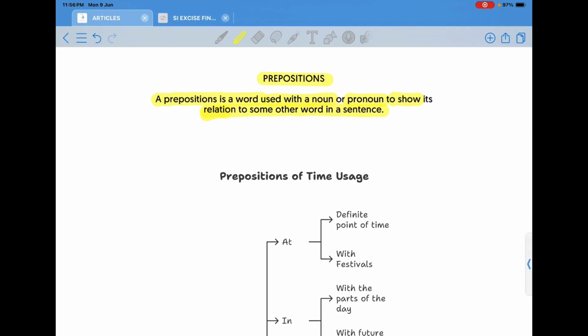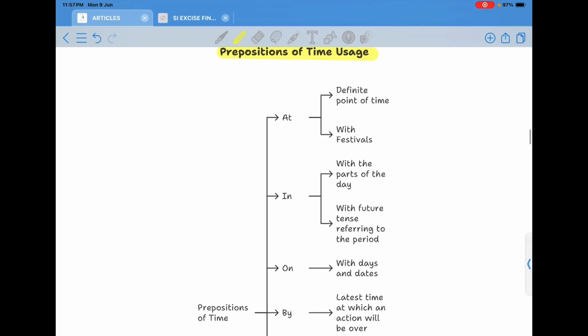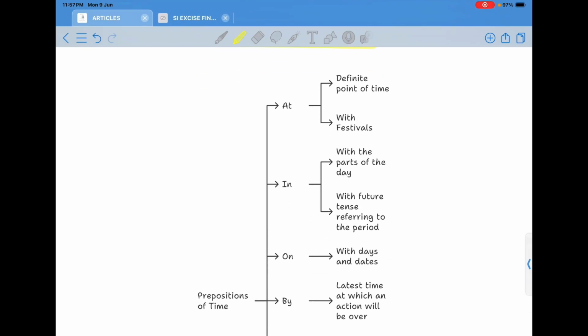Now, these prepositions have different uses. For example, prepositions of time usage. So when you are talking about time, in that scenario, how these prepositions will be used, I will discuss one by one.